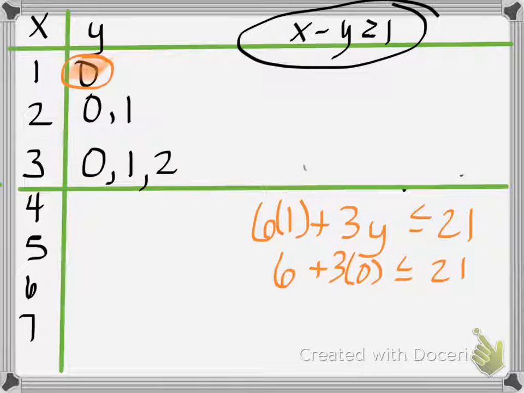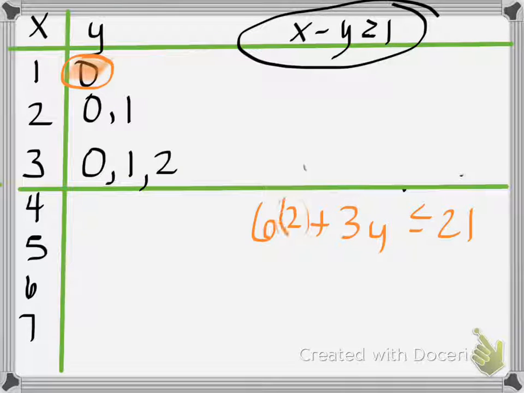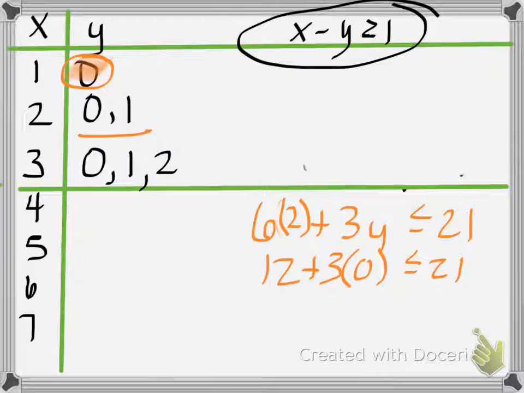And so now, let's figure out when x is 2. So that will be 12. 12 plus 3 times, and we're going to check out these numbers. 3 times 0 is 0, so 12 plus 0 is less than or equal to 21. Is that right? Yeah.